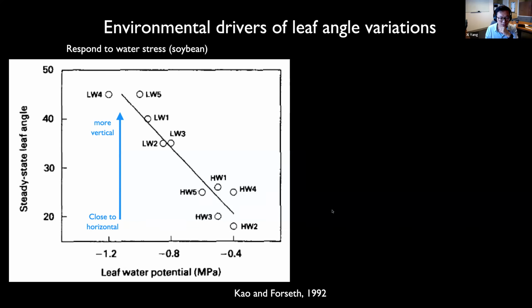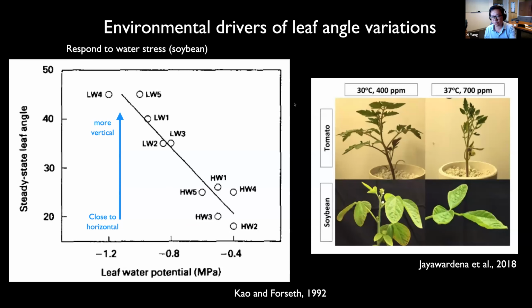What you're seeing on this side is high water potential, so less water stress, and for plants that are more water stressed, leaf angle is much higher, more vertical. This is for soybean. Other environmental factors that impact leaf angle include this one here. This is carbon dioxide. You actually see this for tomato grown under two different environmental conditions. This is warmer and higher CO2 concentration.